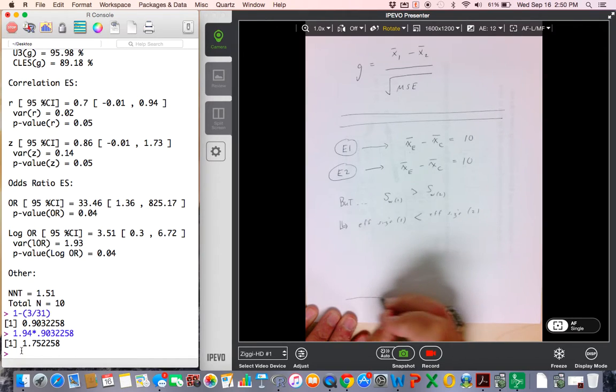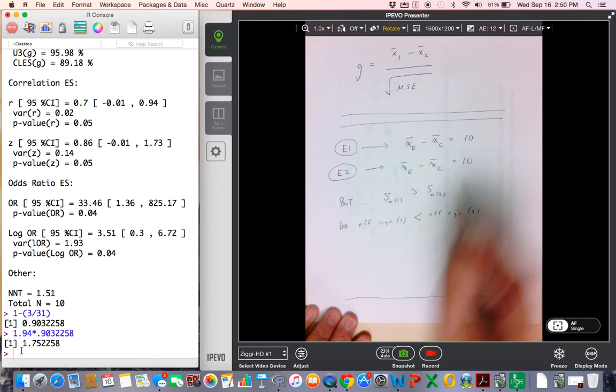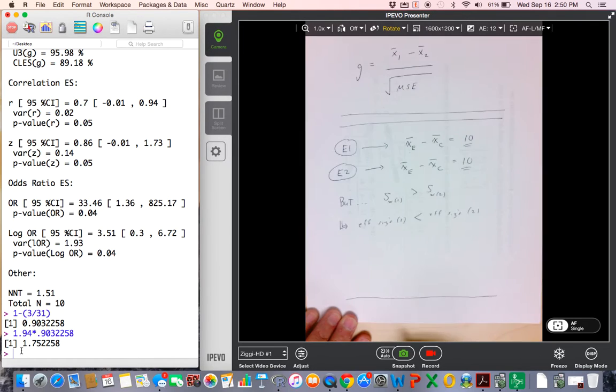Now, the reason being is, again, we're assuming that we have the same mean difference. So let's say that mean difference is the difference from here to here.